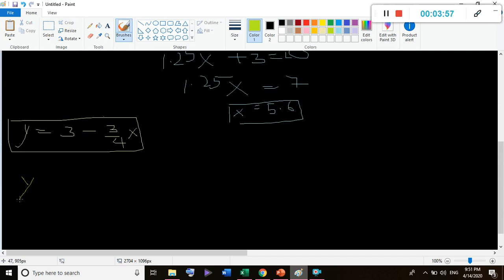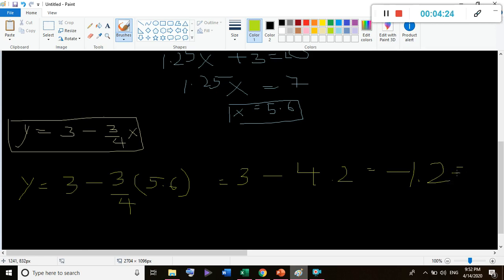It's going to be y equals 3 minus 3 over 4 multiplied by 5.6. So it's going to be equal to 3 minus, 3 over 4 multiplied by 5.6, which is 4.2. So the answer is going to be negative 1.2. Now we got the answers for y and for x.